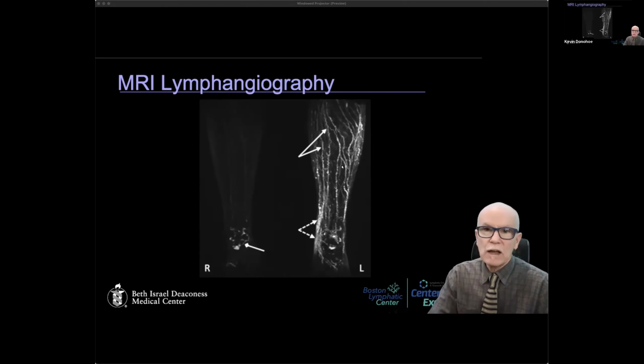If you look in the textbooks, they'll show you pictures like this, but actually getting these pictures is very difficult. The tracer that is used leaks into the venous system, and now you're trying to figure out what's vein and what's lymphatic channels. And we have several people working on making nice, pretty lymphangiography pictures, but right now it's just not practical. It's technically very difficult to do.